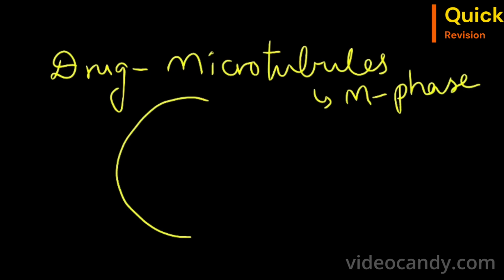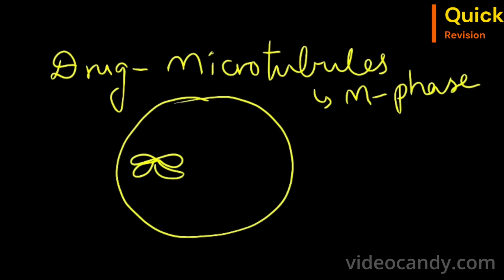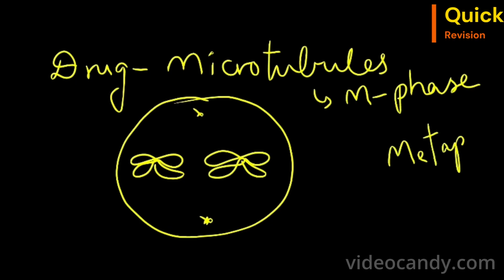For example, if you take this is the cell, okay, which stage am I drawing? Anyone can answer? That is the metaphase. Specifically speaking, it will be the metaphase, right? So here we have the centrioles on the opposite sides. From them we have the spindle fibers coming and attaching to the centromere.